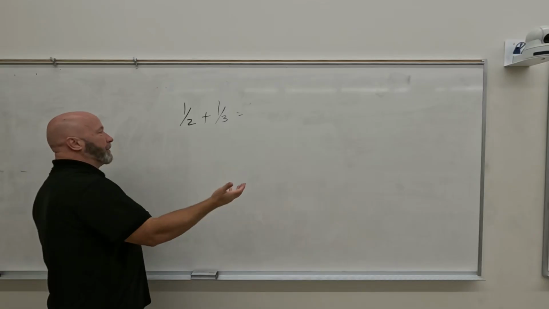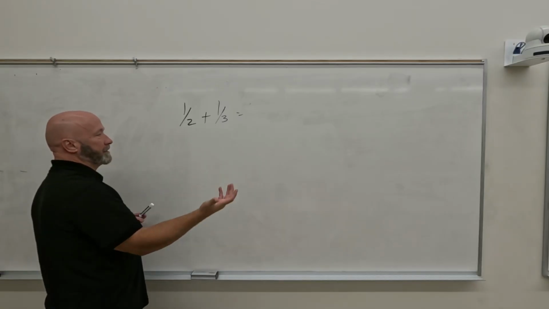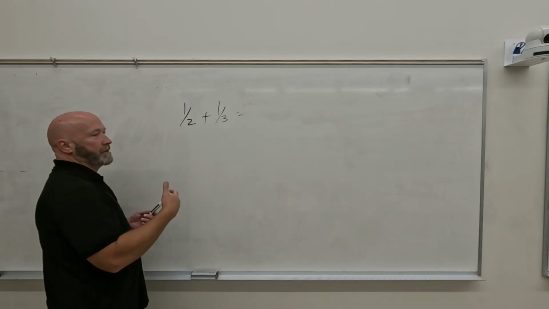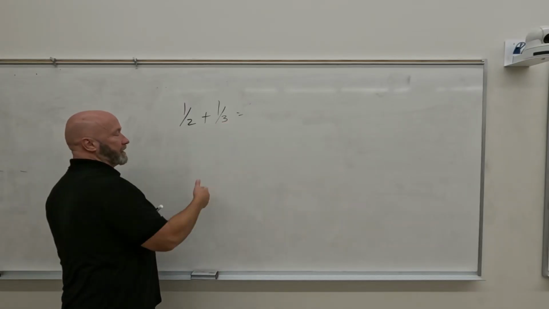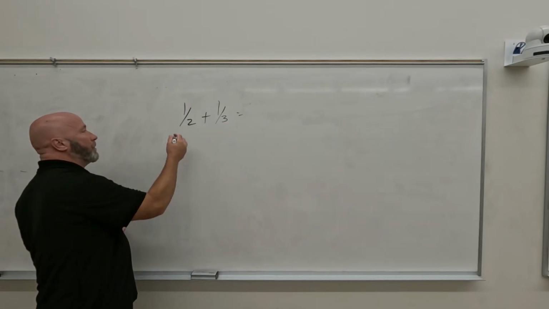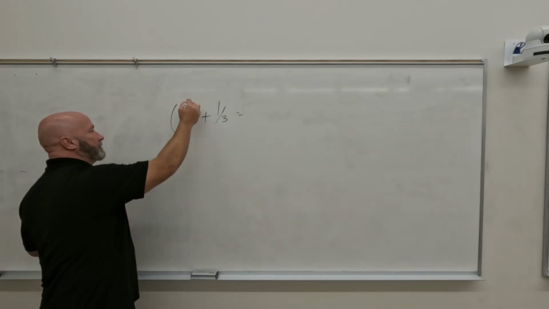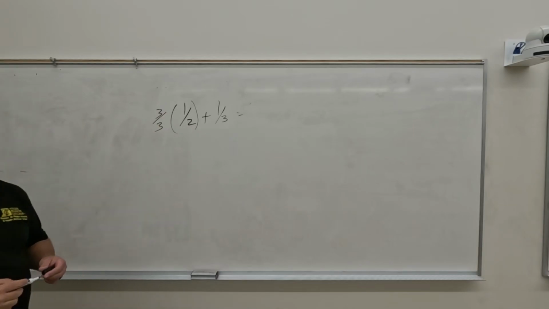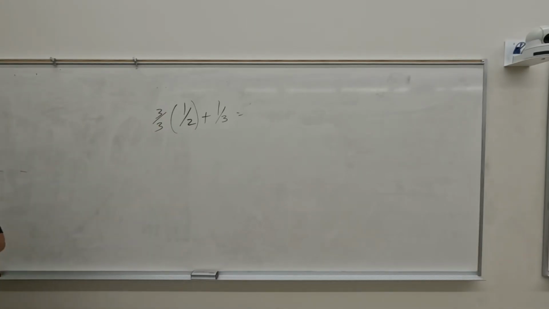So if you multiply 2 times 2, you get 4, and that's not the same as 3, right? So 2 times 3 would be 6, and then 2 times 3 would be 6. So what we would need to do then is to multiply this by 1. Is that 1? Yeah, 3 over 3 is 1, right?